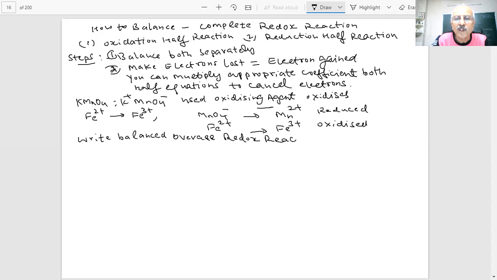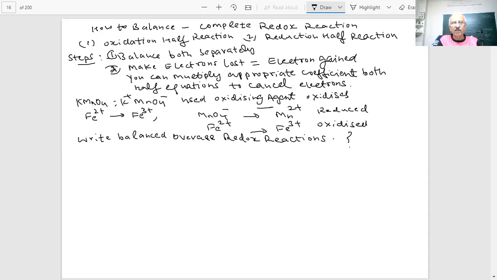You have 2 minutes to answer the question now. First you will balance this half reaction, then you will balance this half reaction, then you will add the two reactions to get the complete overall reaction. The question is that potassium permanganate acts as an oxidizing agent. It oxidizes ferrous to ferric. You are given two half reactions, students.